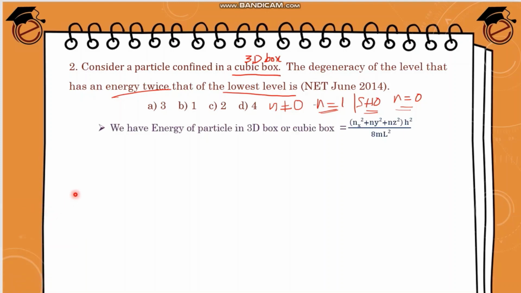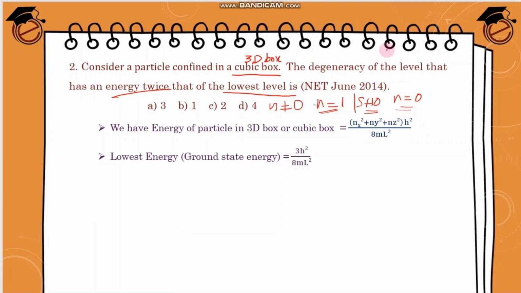Let's begin our question. The energy of a particle in a three-dimensional box is, like previous, (nx square plus ny square plus nz square) h square by 8ml square. And lowest energy level means all the values will be 1, right?